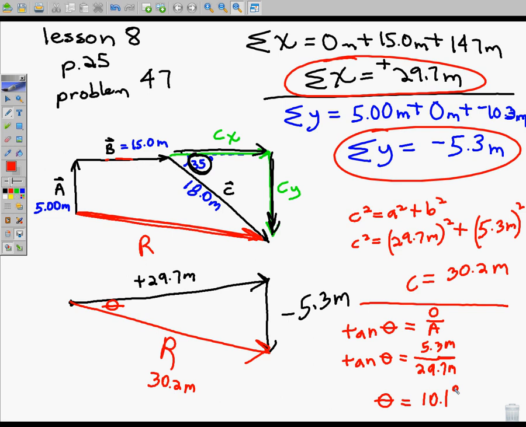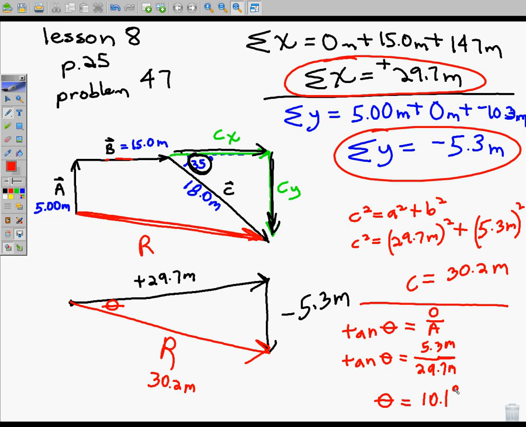So you could say 10.1 degrees clockwise from positive x, or you could say at negative 10.1 degrees, or you could say at 349.9 degrees. Yes.